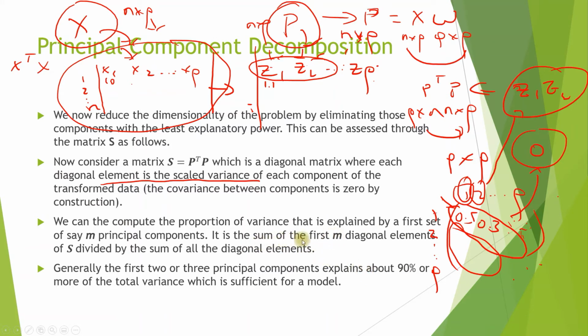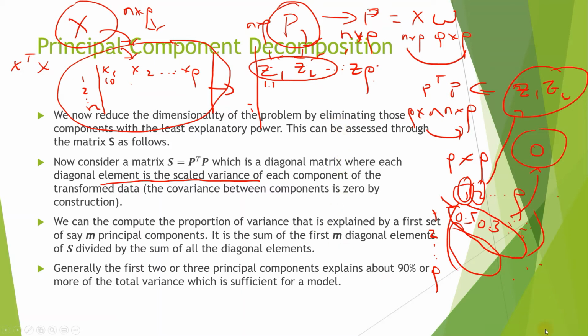So remember that we look at the first m diagonals to see which one we are going to retain for our analysis. Remember that we need to put them in descending order of variation first. All right. And normally the first principal component will explain most variation.